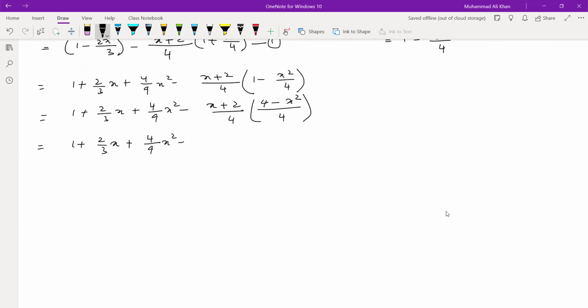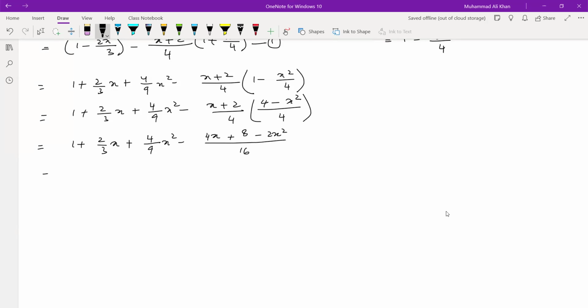X into 4, 4x. X into x squared, x cube, लिखने की जरूरत नहीं है क्योंकि we need x square only. 2 into 4, 8, and 2 into this minus 2x squared whole divided by 16.